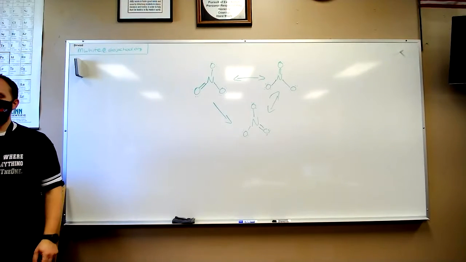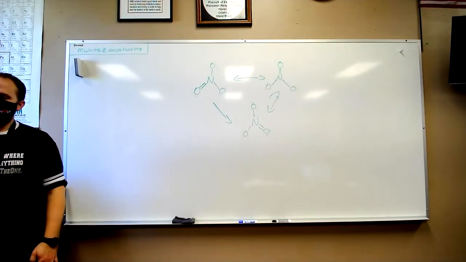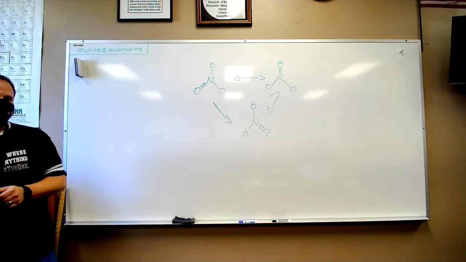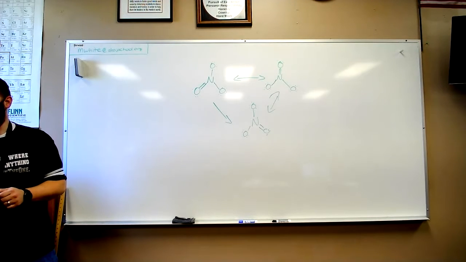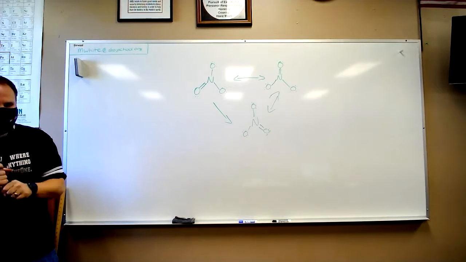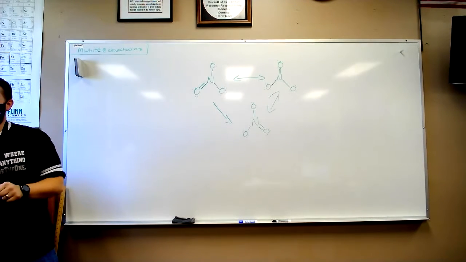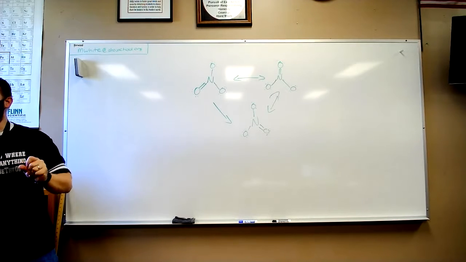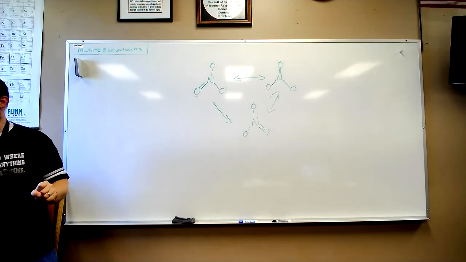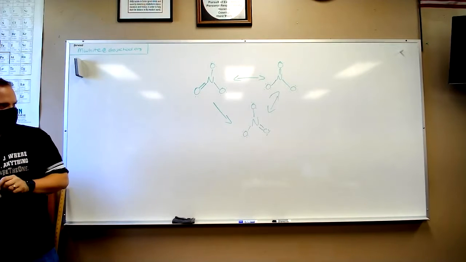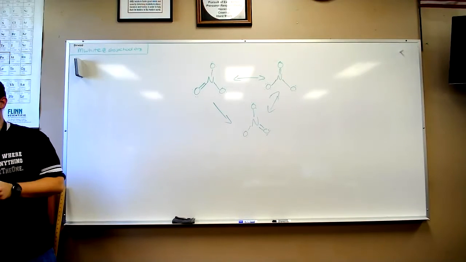Okay. That's all resonance structures are. Multiple places where you can put the double bond. So if you ever read resonance in a homework or test problem, immediately you know we've got double bonds. We have at least one double bond, and there's multiple places that we can put it.